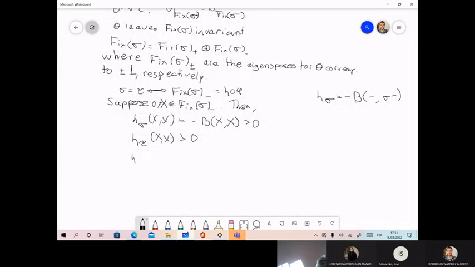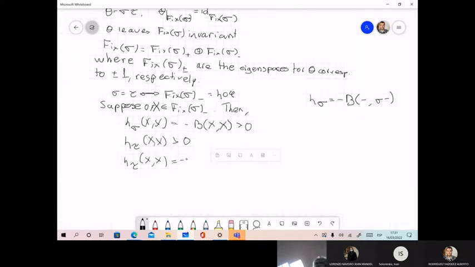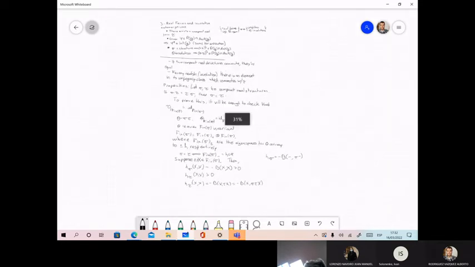But now we can write h tau of x, x is minus B of x, tau of x, that this is minus B of x, sigma tau of x, because x is a fixed point for sigma. Oops.